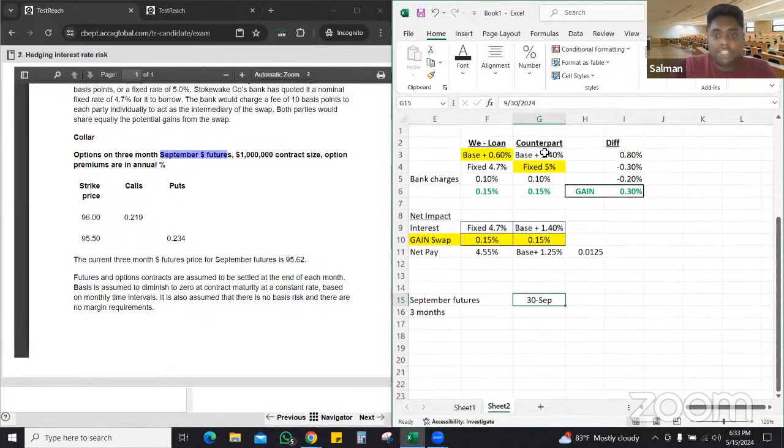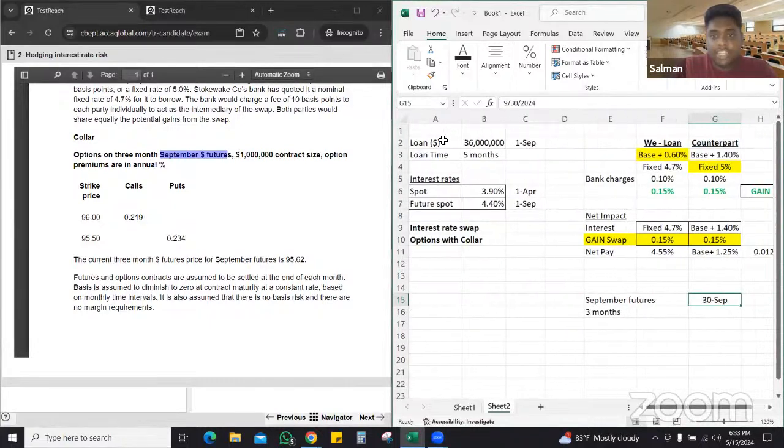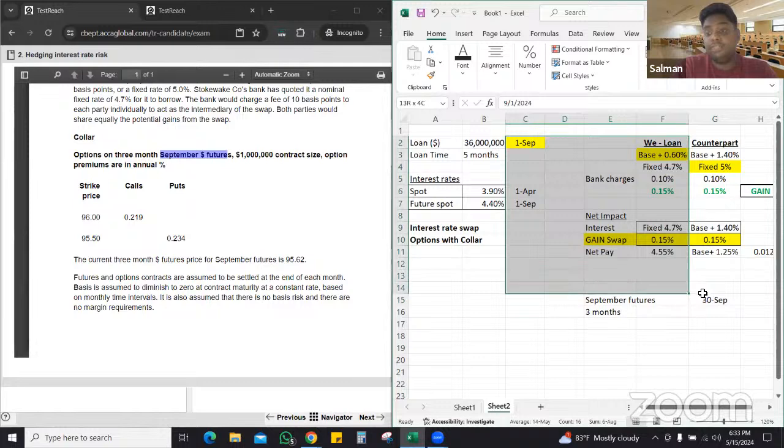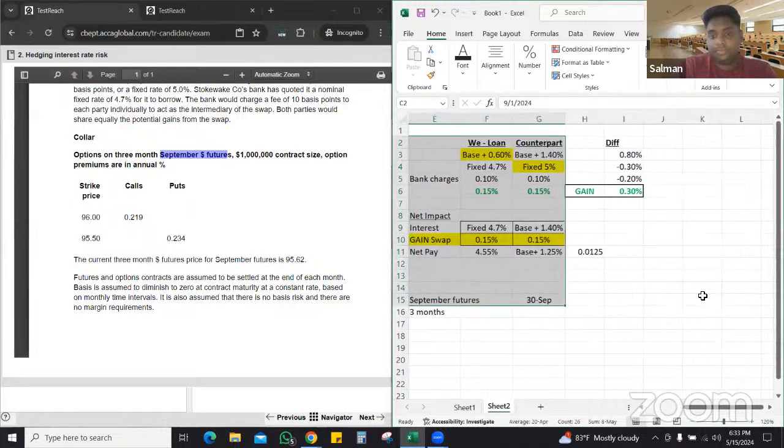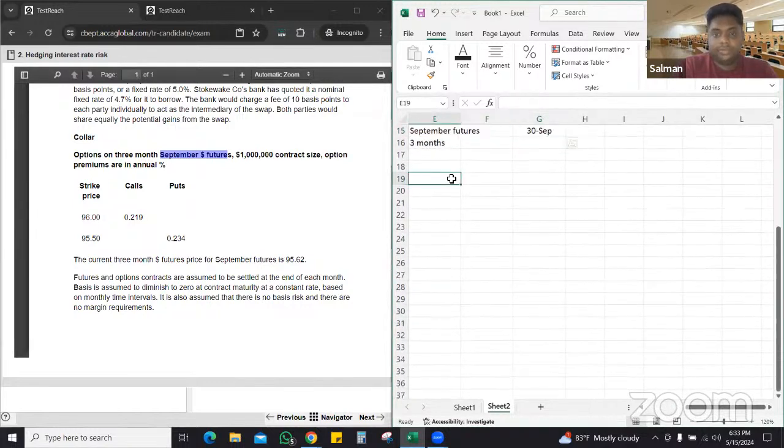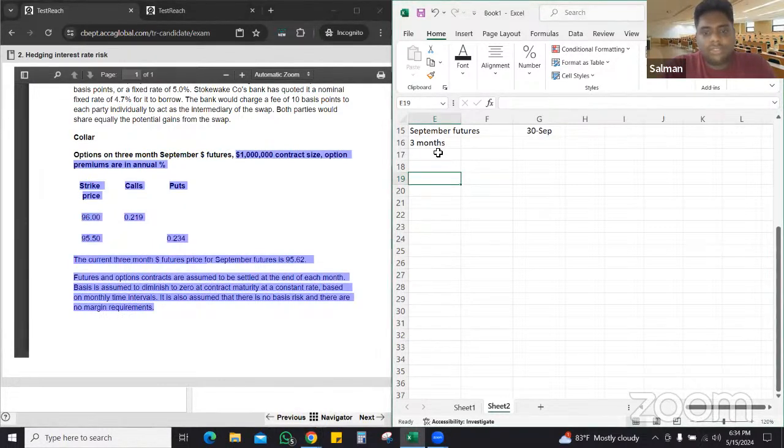But remember earlier we discussed, we take the loan on 1st of September. But here, September futures means 30th of September. So there's a 1 month difference. $1 million contract size. So contract size is $1 million.